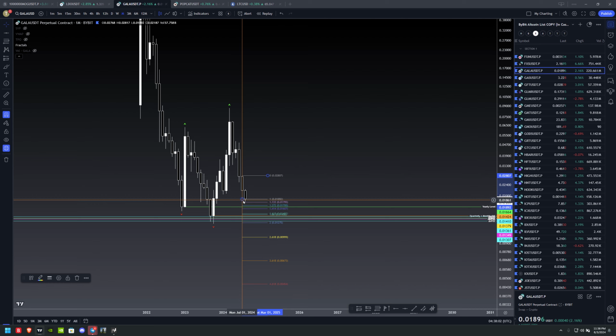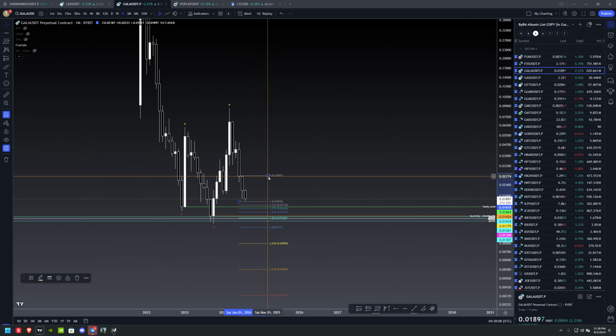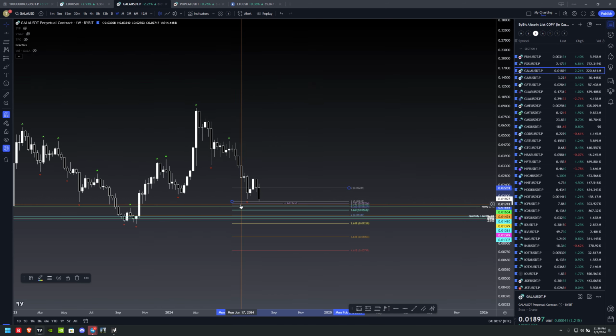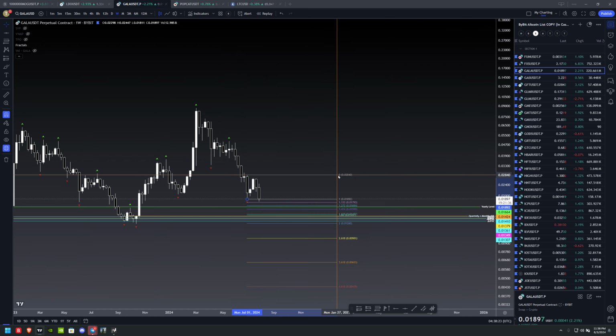Fib expansion on this would be showing. See, we're in the monthly here. Let's go to lower time frame. Let's go here to here and see what this is like.